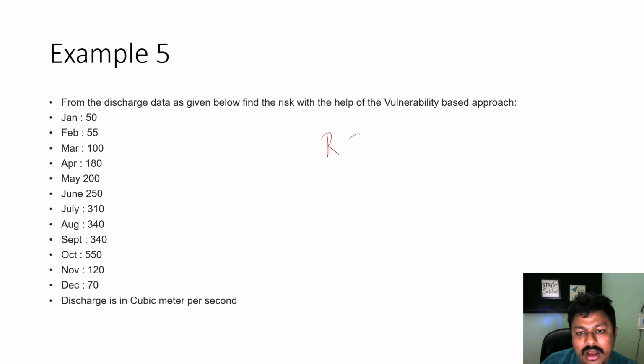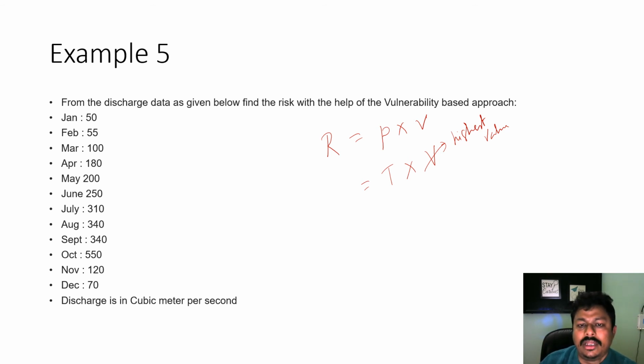Risk value R is equal to, actually the formula is like this, probability into vulnerability. But when you really calculate it, you multiply the return period with the vulnerability, and always assume the highest value as the vulnerability if no other value is mentioned, right?